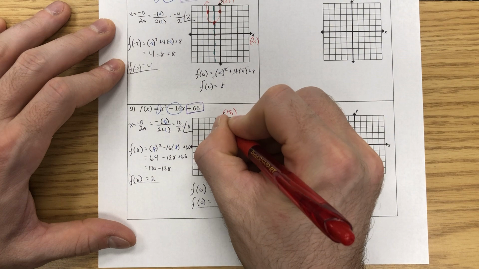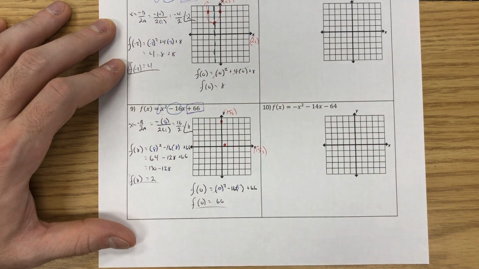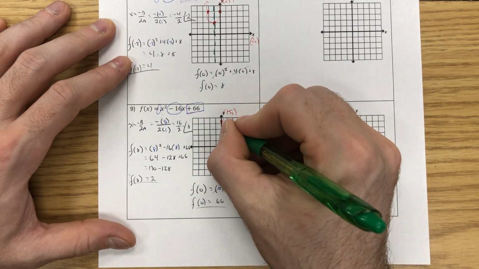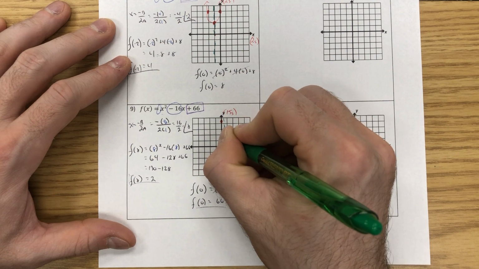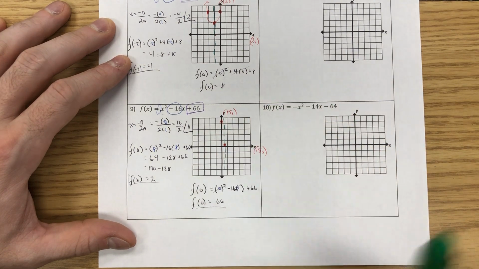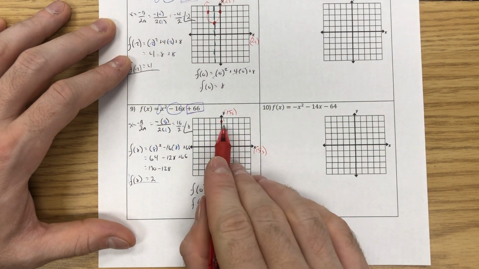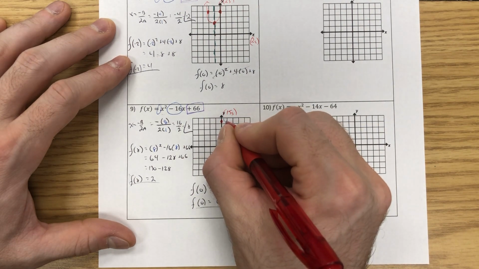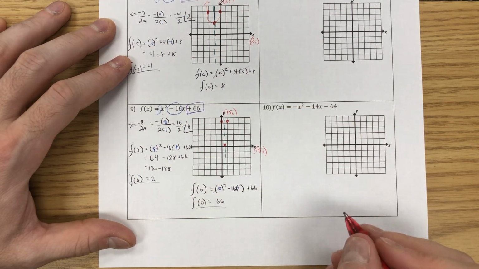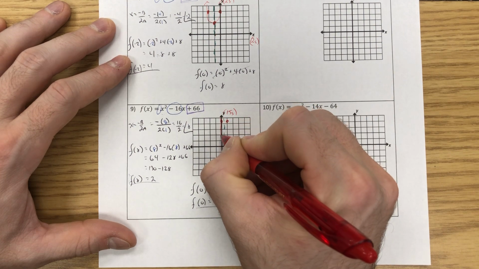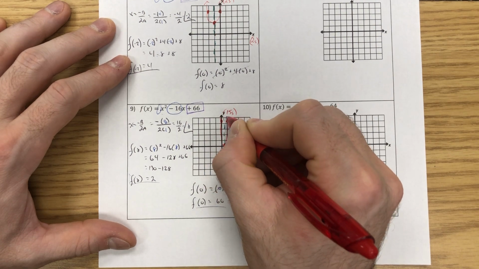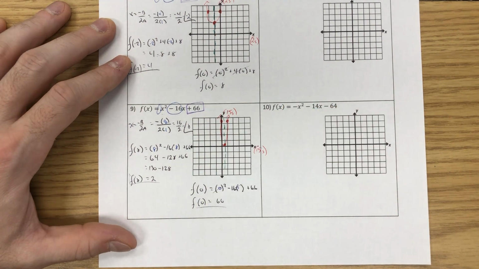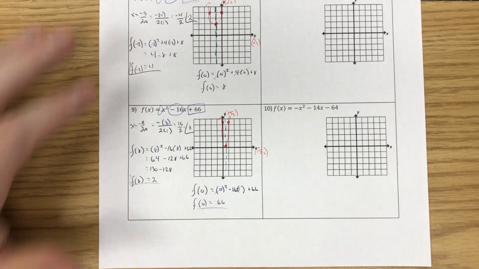It's going to be roughly there. And we know that if we have an axis of symmetry that goes right here, and I have a point on the left, I'm also going to have a point on the right, which is going to make this a very narrow and skinny quadratic. And there we go.